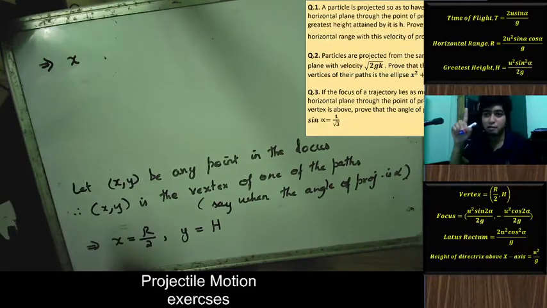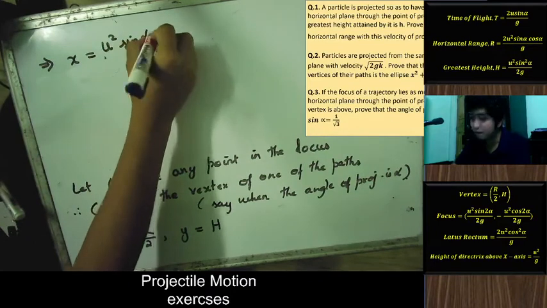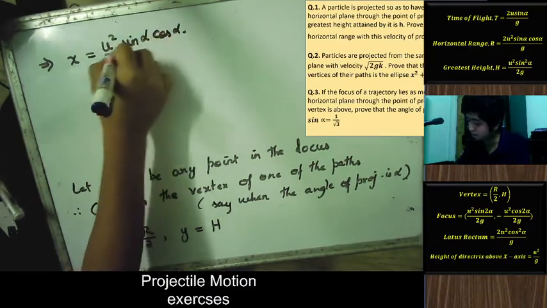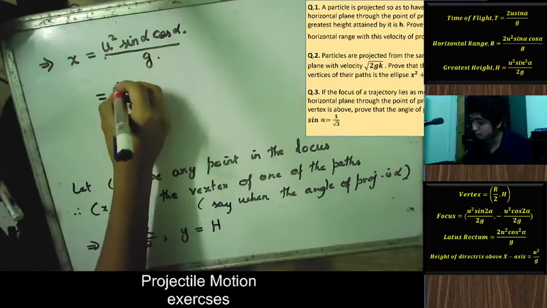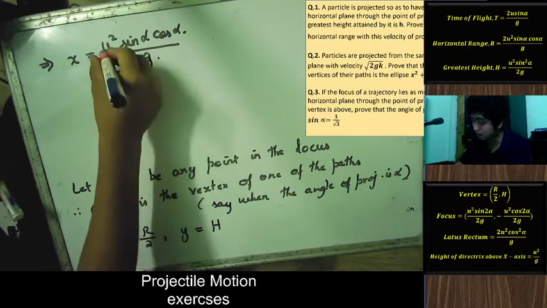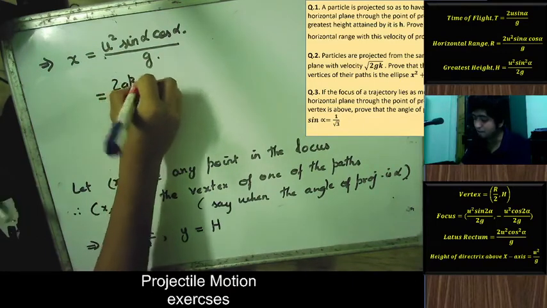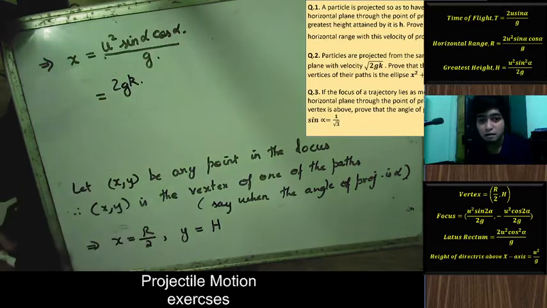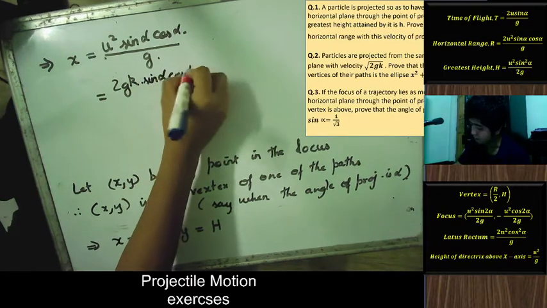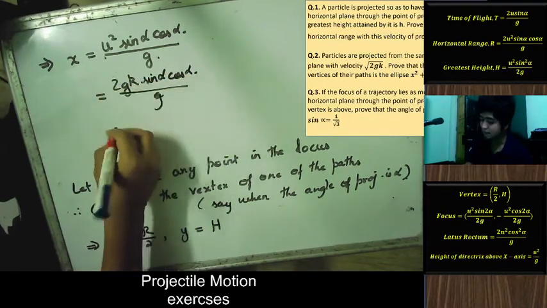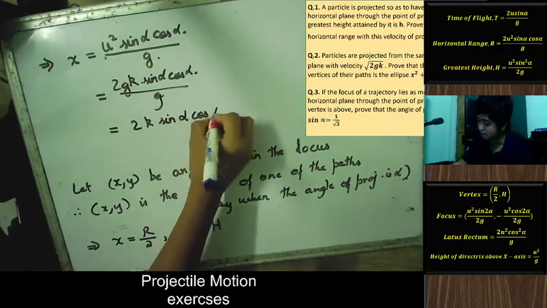By using the formula above, R by 2 is u squared sine alpha cos alpha upon g. And u squared, if you remember, we are getting to be 2gk. So 2gk sine alpha cos alpha upon g. g and g will get cancelled, so you'll be getting 2k sine alpha cos alpha.